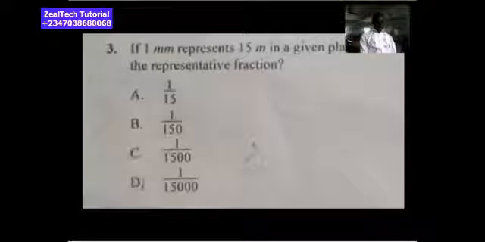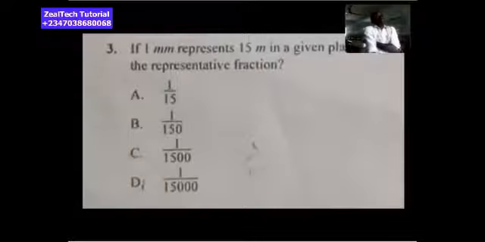Number 3. If 1 millimeter represents 15 meters in a given plane, what is a representative fraction? Normally, representative fraction is written as picture P all over real image R. You can see we have two different dimensions here.